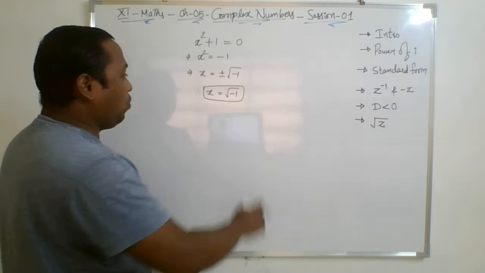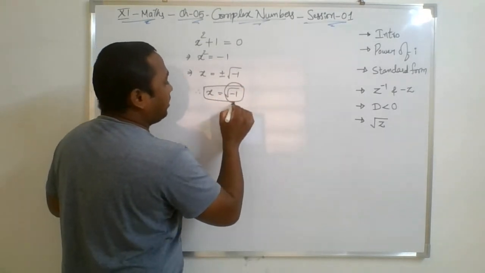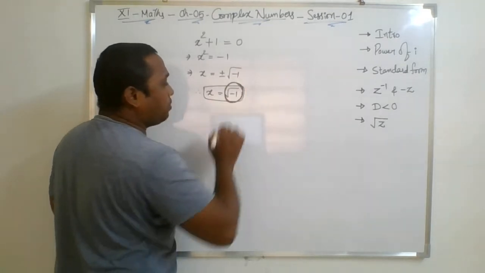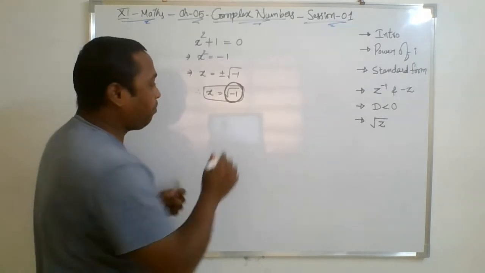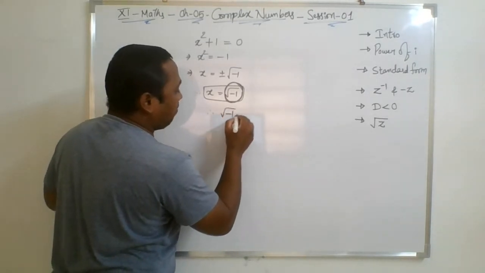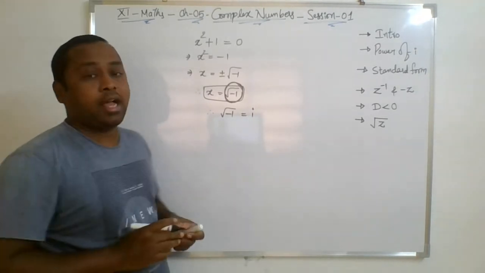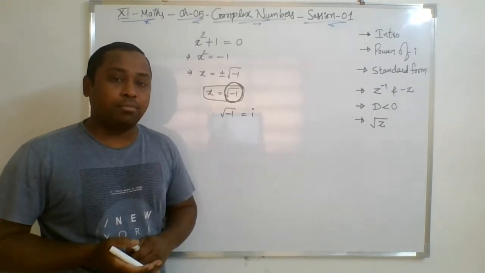Euler simply denoted this type of imaginary number with the letter I, that is small i. Hence, from there itself, under root of minus 1 is represented by I.